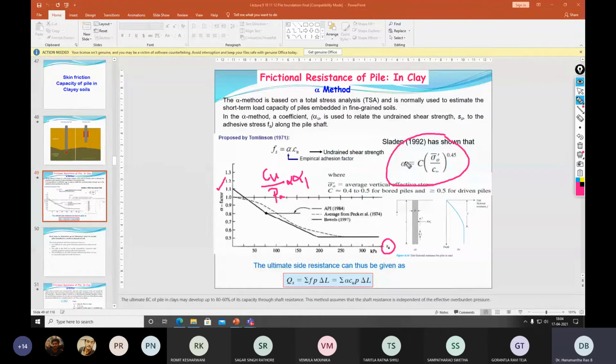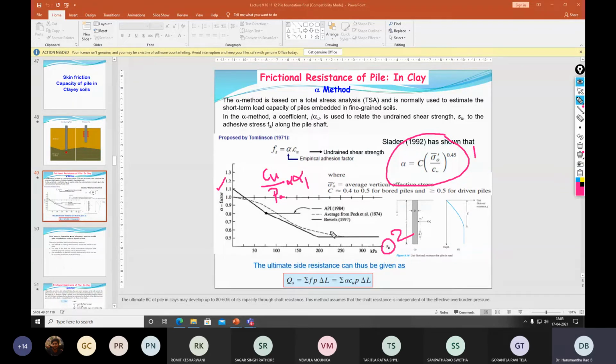I also explained this when we solved the first problem, and I am repeating it again. The value of alpha can be picked up in three ways. The first way is to use the Sladen equation as shown here: alpha is C into sigma naught dash by Cu power 0.45. The second way is, if the undrained shear strength of the clay is given, for a given undrained shear strength, pick up the value of alpha.